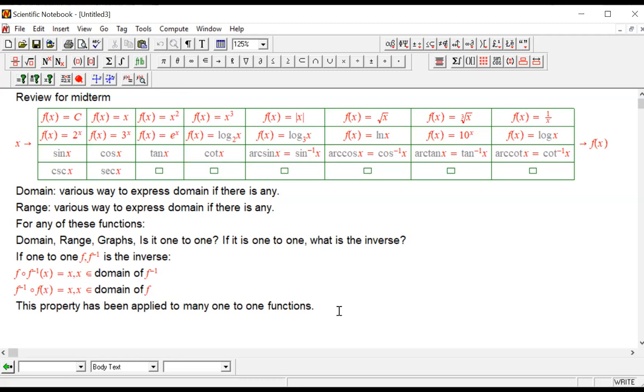The other source of review, I would say, is to review all the quizzes and their solutions.